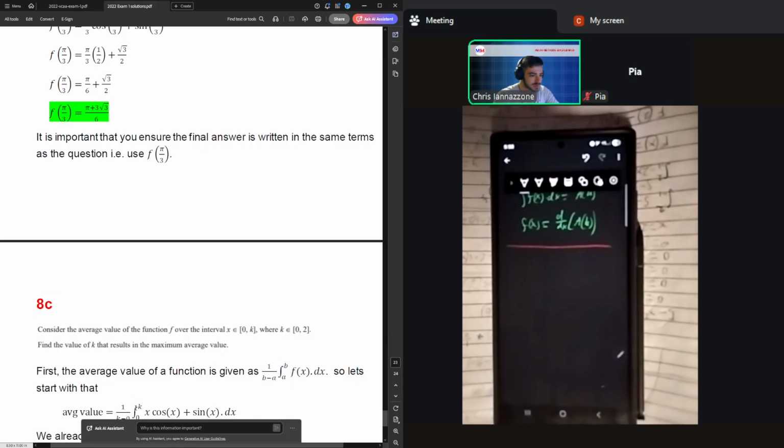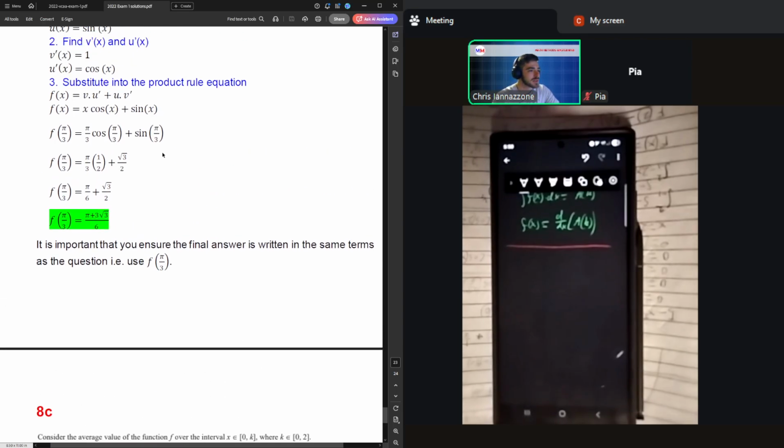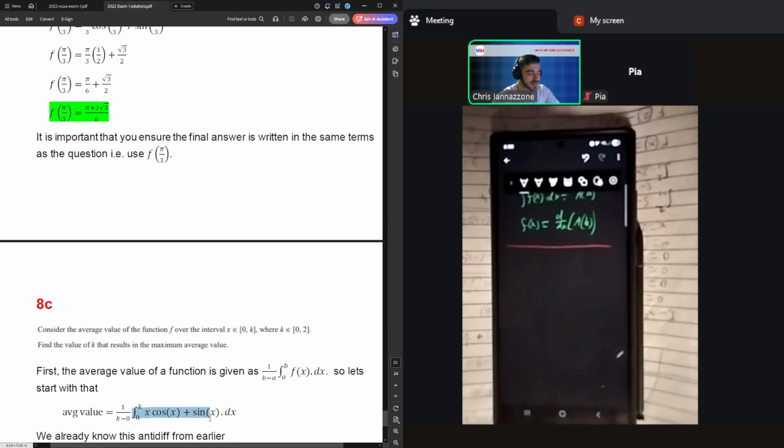This right here is f of x. It's the function you're trying to find the average value of. That's why that function gets into that spot. Fair enough so far? Okay, so that's how we get average value.